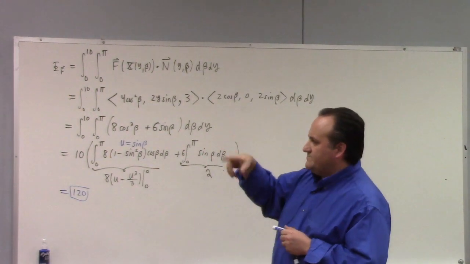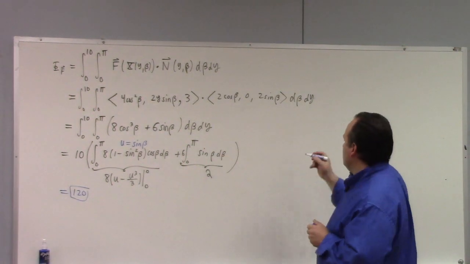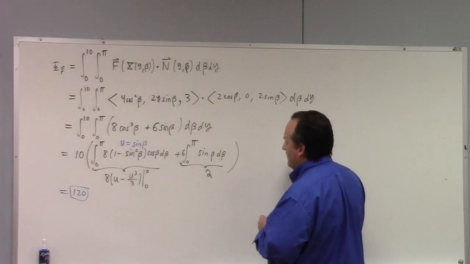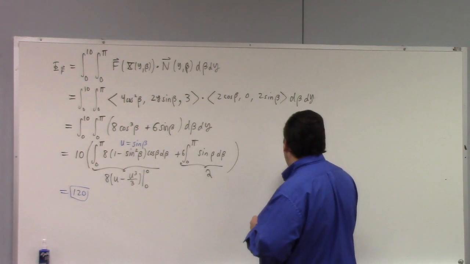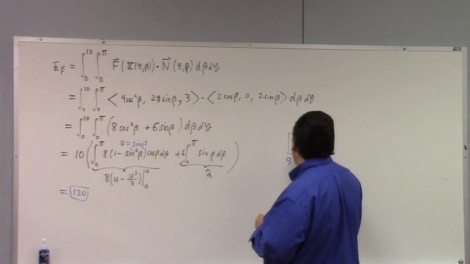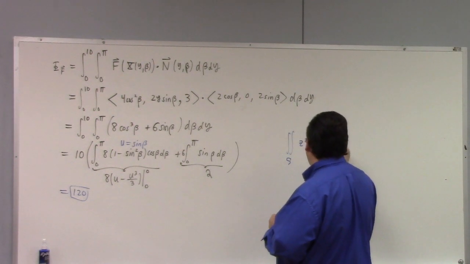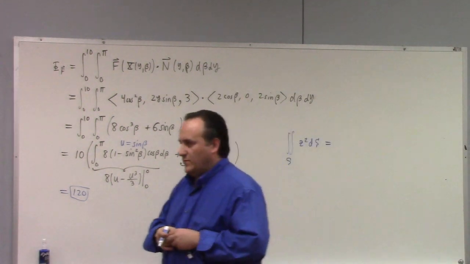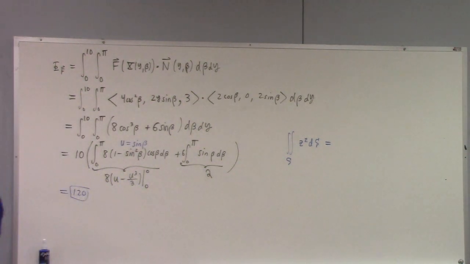Oh, I guess the other thing I should say, what if I wanted to do the integral over the same thing, but like of z squared dS? How would that go? What would dS be here? What's the magnitude of the normal? It's 2, right?